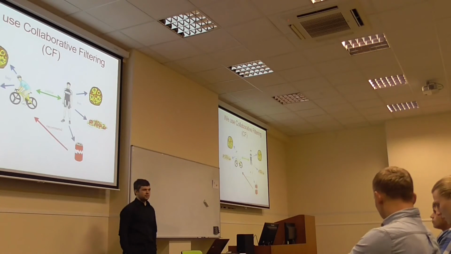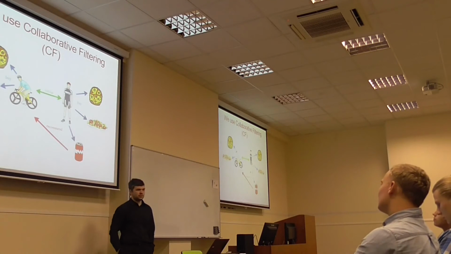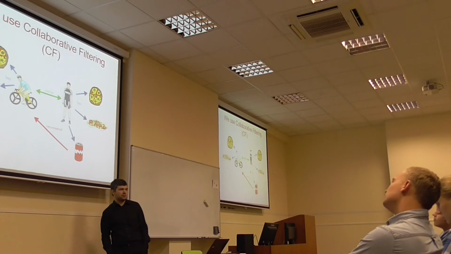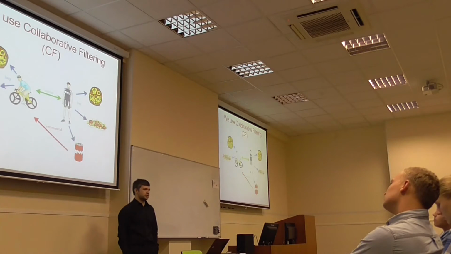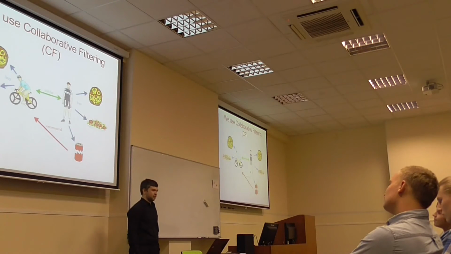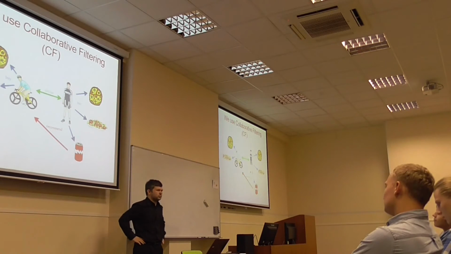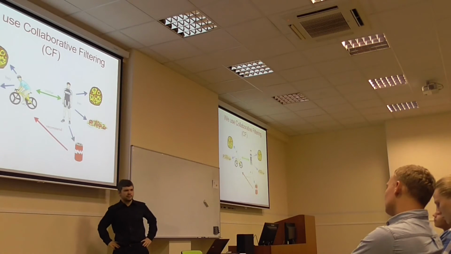So if you are recommended something in some service and you think, oh, how come it's so similar to my interest? It's just because you're similar to somebody who already bought something that you are being recommended now. And there are two types of collaborative filtering. One is called user-based, another one is called item-based.